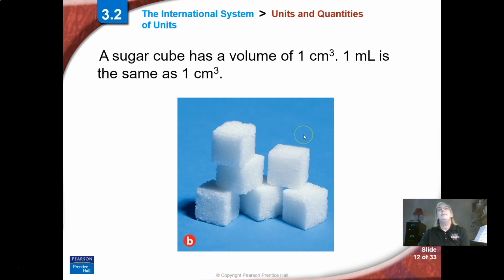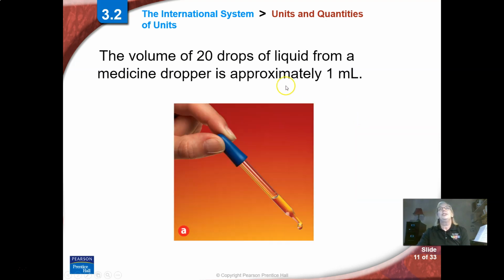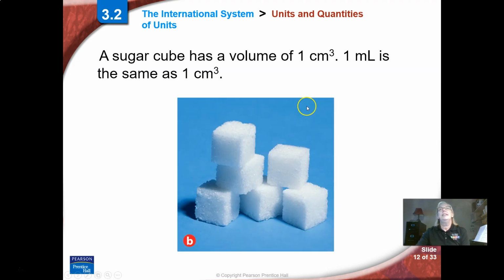Sugar cube is about what 1 milliliter looks like. The 20 drops is 1 milliliter. So that's the same as this volume of a sugar cube. That's 1 milliliter, or 1 cubic centimeter. So these things are equal to each other.